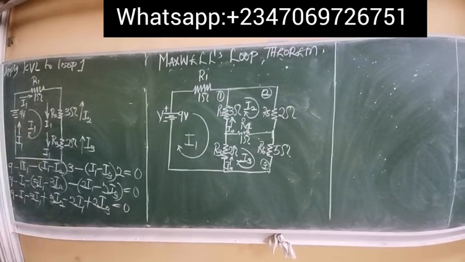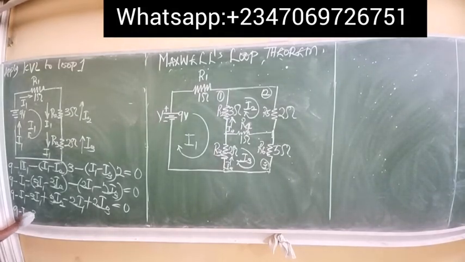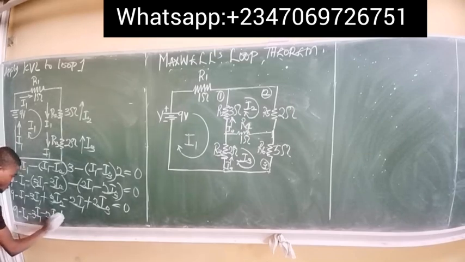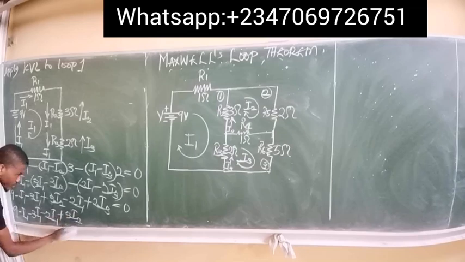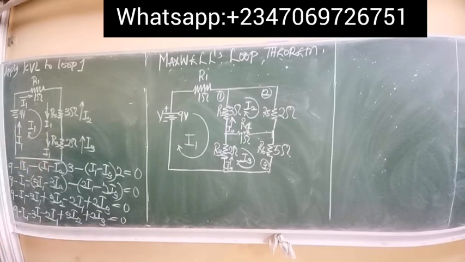Okay, so I have 9 minus I1, let's collect like terms, minus 3I1, I also have minus 2I1 here, plus 3I2, plus 2I3, and this is equal to 0.